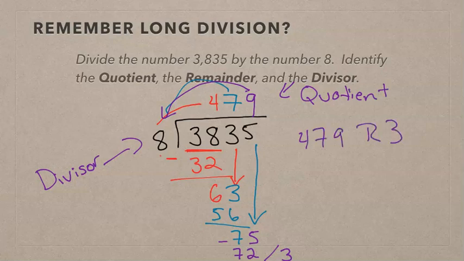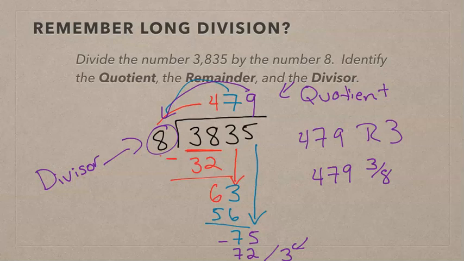The other way we can write that is 479 and 3 parts of 8 remaining, 3/8. So we took our remainder right here and we put it over our divisor. That 3/8 is the remainder over the divisor, and that's another common way of writing these remainders. That's long division. You did that over and over again in the 4th grade or something.